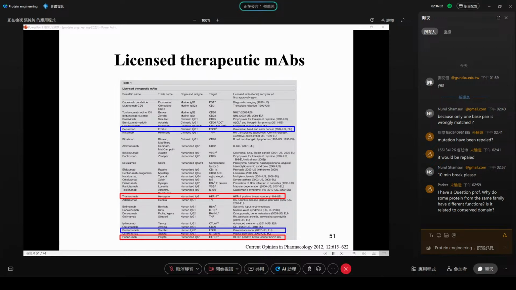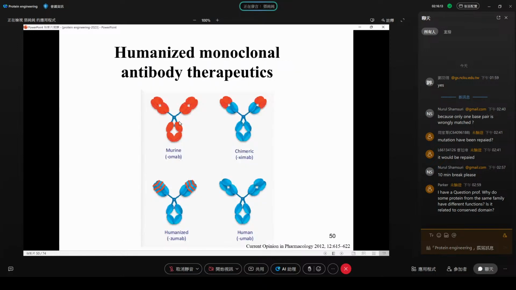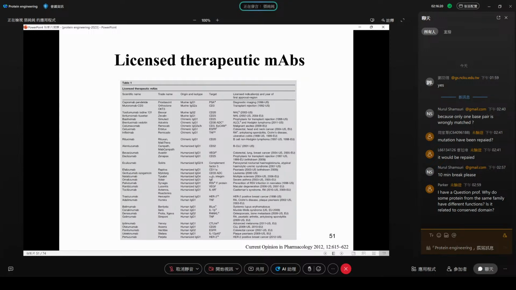You see from murine IgG to chimeric IgG to humanized IgG. That's a huge advance for this field. See, from the chimeric to the humanized, then that will actually be approved to reach clinical application.